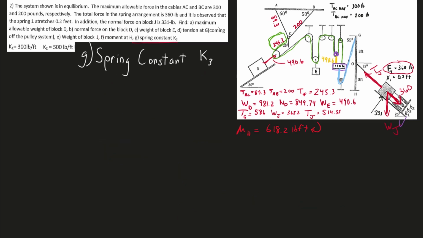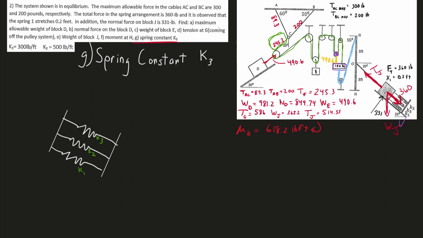And last but not least, part G, we want the spring constant, the stiffness of spring 3. So this is really all about knowing the ins and outs of equivalent springs, springs in series and parallel, and knowing the whole derivation and the whole story that's going on there.